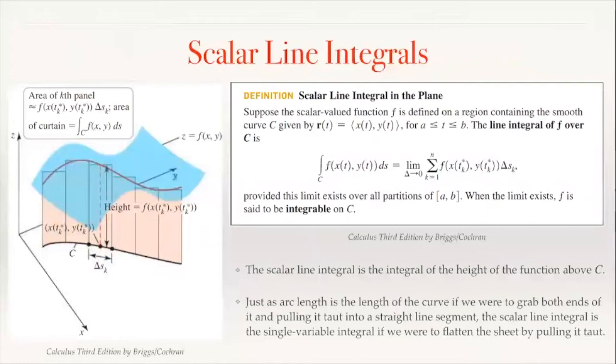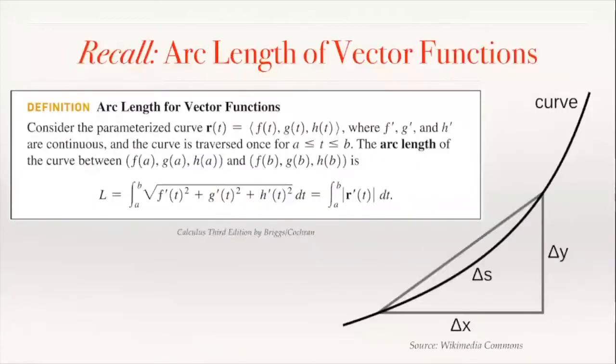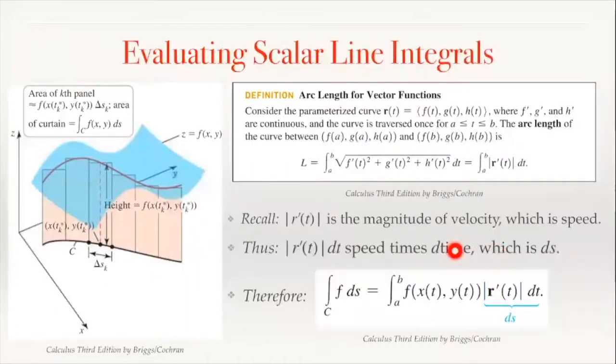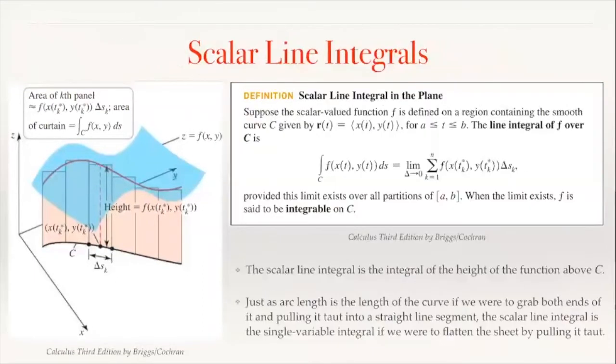But that delta s is exactly this. So all we do is take our definition of the arc length and multiply the integrand by z equals f of x,y, and we have our scalar line integral. That guy is our ds, the same ds from here.